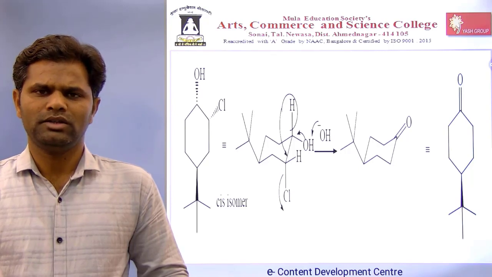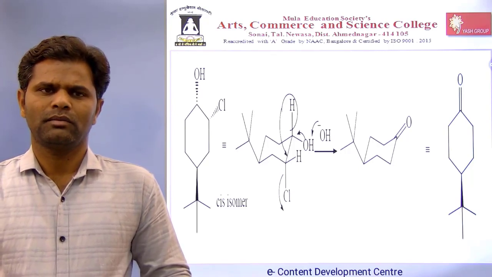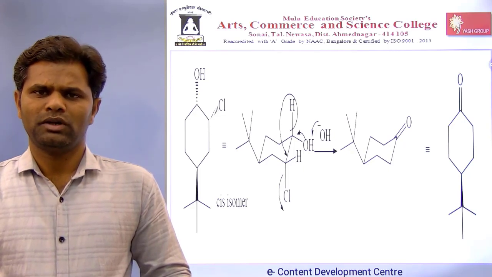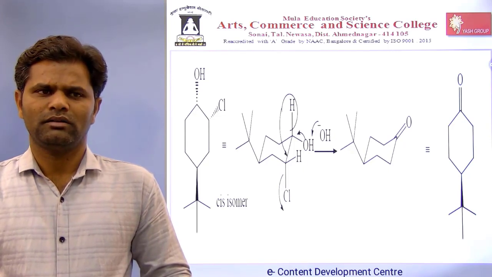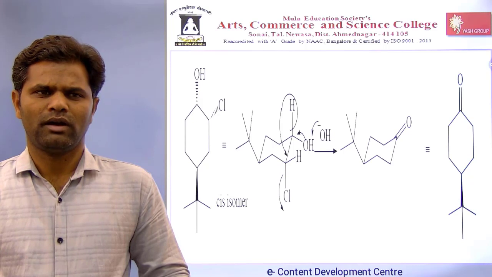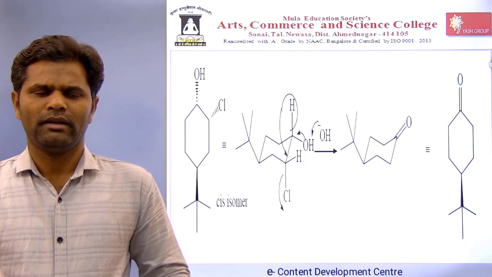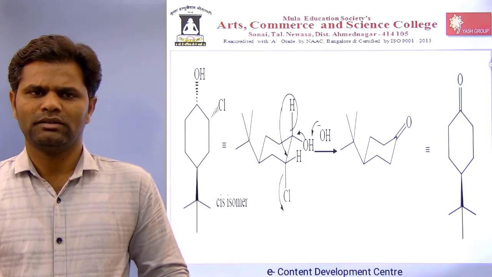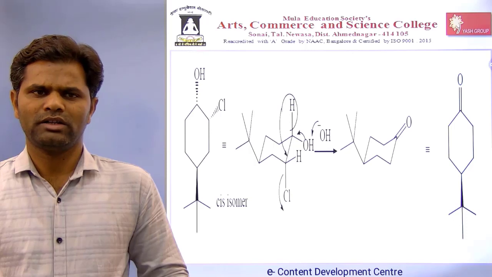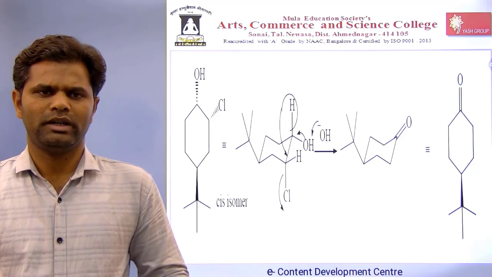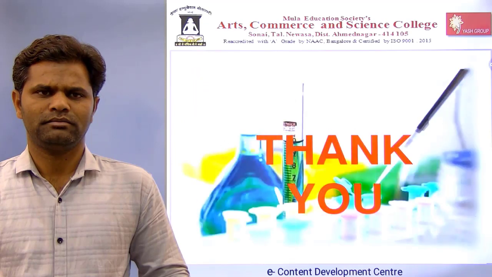That's why, instead of nucleophilic substitution, the hydrogen at the adjacent position migrates, and instead of a substitution reaction a rearrangement reaction takes place, so that 4-tertiary butyl cyclohexanone is formed.